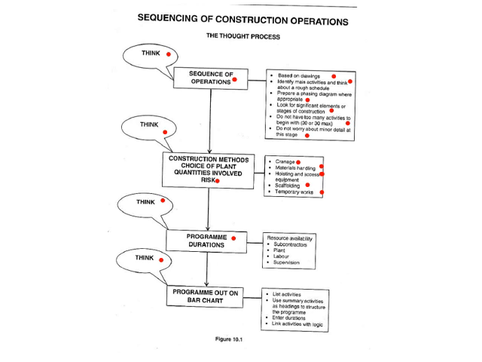So you first build your items, you sequence them, then you put in a time or duration, and only then do you start linking the items with each other. Then resource availability of subcontractors, plant, labor, supervision, etc. Then you program out on the bar chart. That's the final step. This is only the final step when you're doing your sequencing: your bar chart, or the visualization of that.